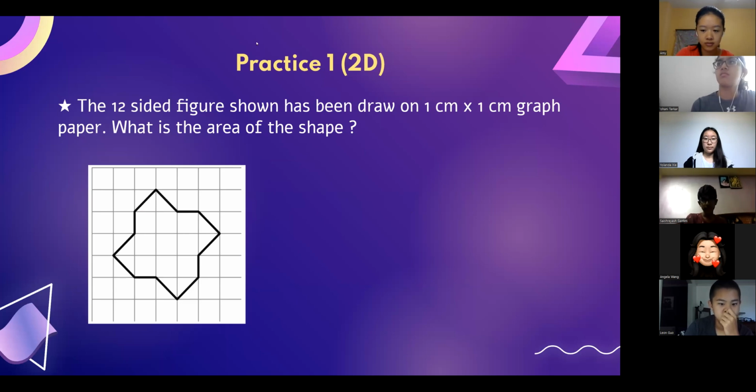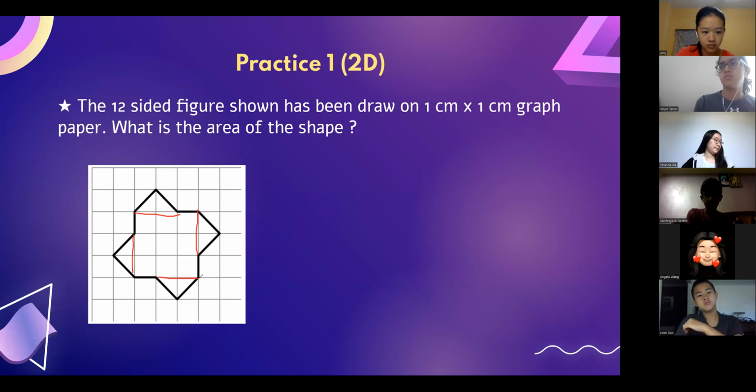Yeah, so you would use triangles and squares. Basically you would draw lines dividing it into one square with 4 smaller triangles coming off of it.